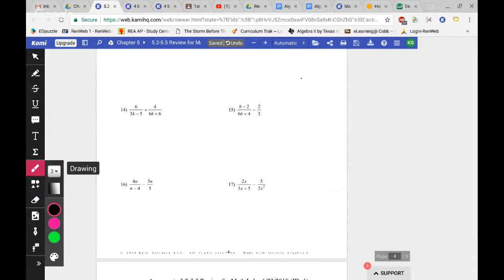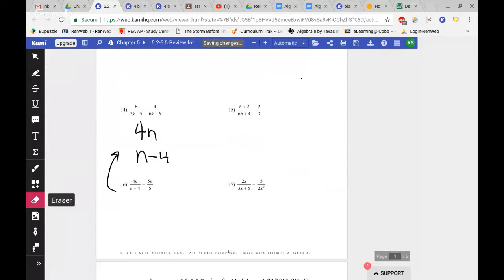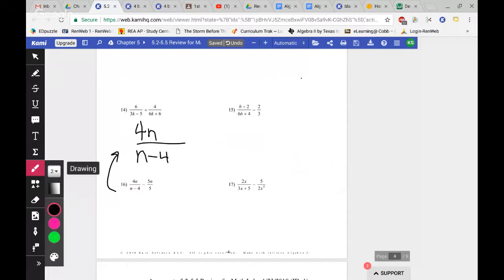All right. So now, once again, I'm going to draw my long line, but I think I'm going to go back up here because I seem to run out of room when I'm there. So if everybody can kind of follow along with me, I'm going to do number 16, but I'm going to go up here with it. So I draw my long line for n minus 4. I get a little overzealous with my line.